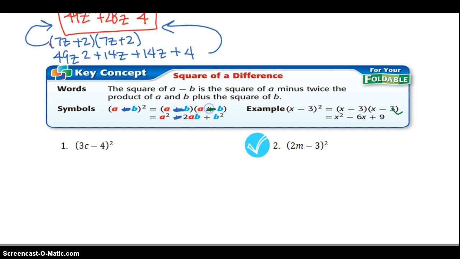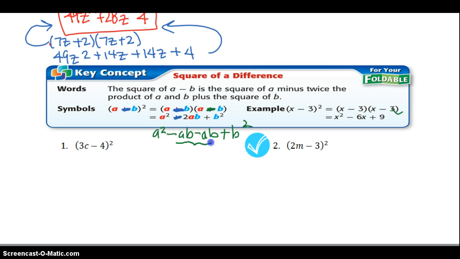We're squaring a difference. And when we apply the FOIL method, if you'll watch, I'm going to just do the FOIL method. a times a is a squared. a times a negative b is negative ab. And negative b times a is another negative ab. And negative times negative makes positive. b times b is b squared.